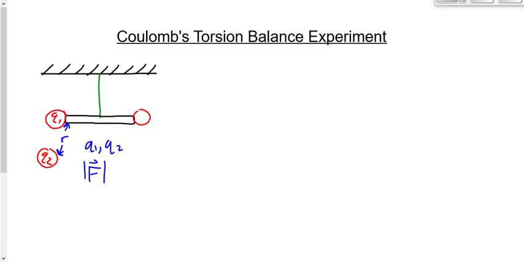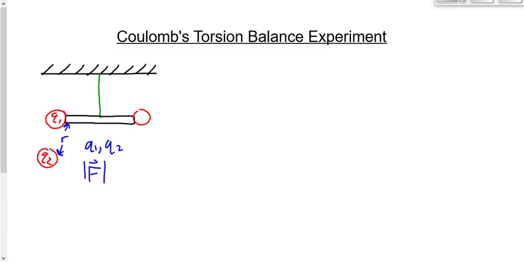You try to twist it as much as you can so it spins around more. Intuitively, you know that the more you twist it, the more force is required. Coulomb would have known if the string twists a certain amount, how much force was required to do that. He knew the torsional properties or the twisting properties of the string. So by the amount that the string twists, he's able to measure the force.